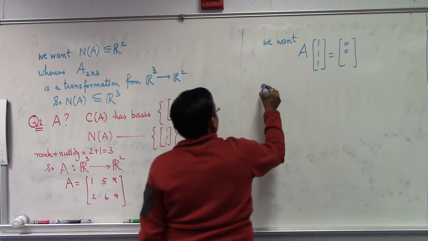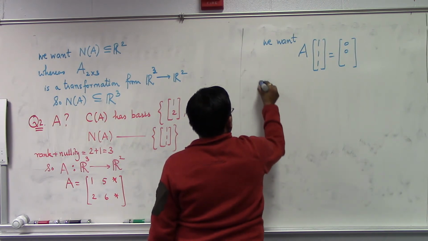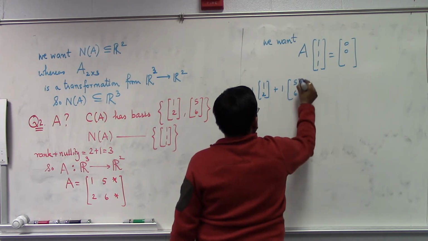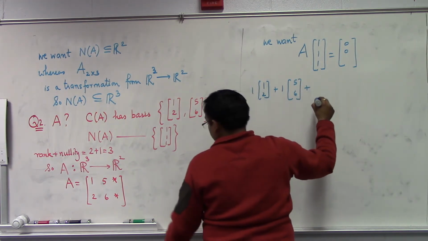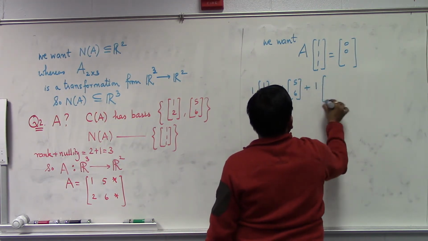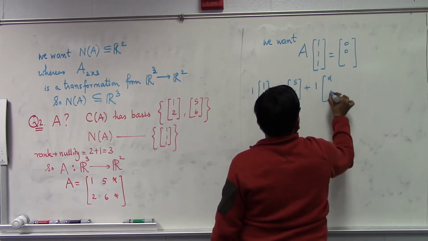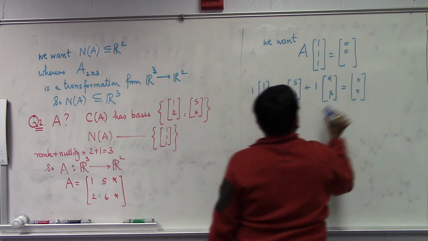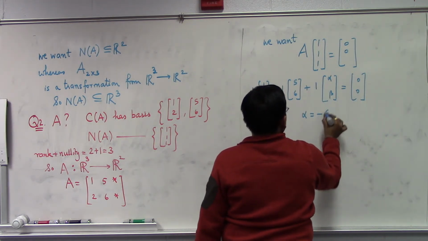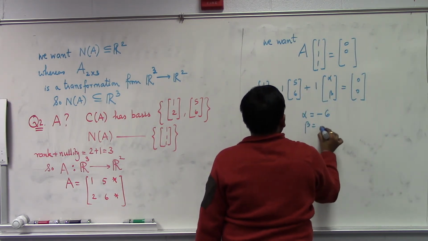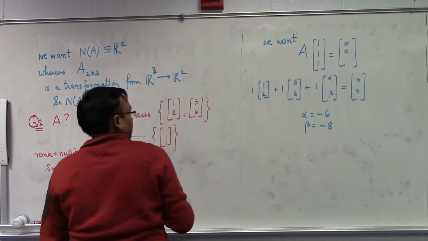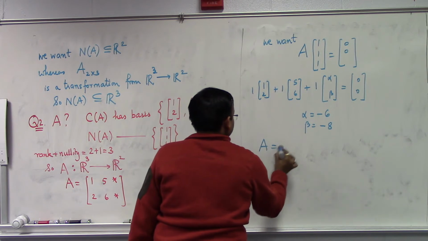So A times (1, 1, 1) would mean the vector (1, 2) times 1, the vector (5, 6) times 1, and let me call the third vector (alpha, beta), times 1 should give me (0, 0). So this tells me that I can choose alpha to be minus 6 and beta to be minus 8.